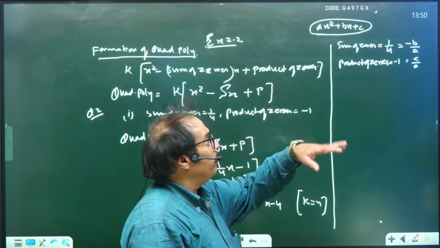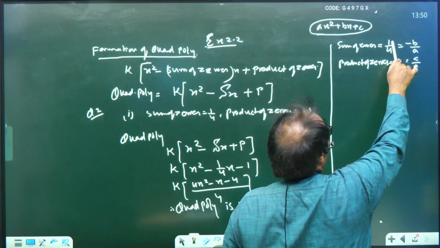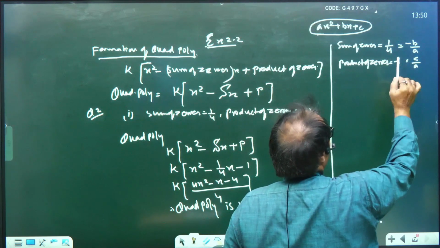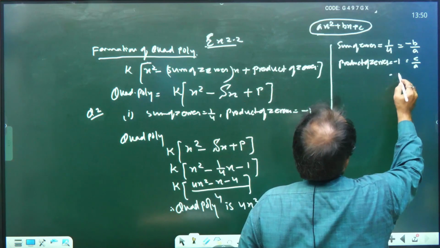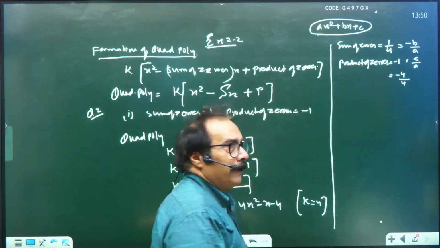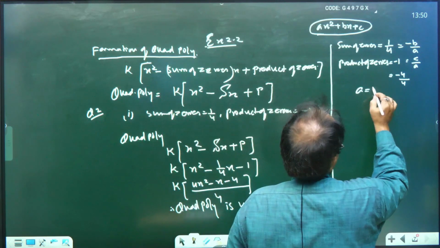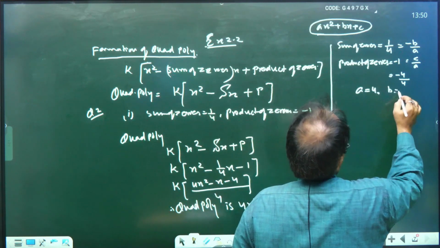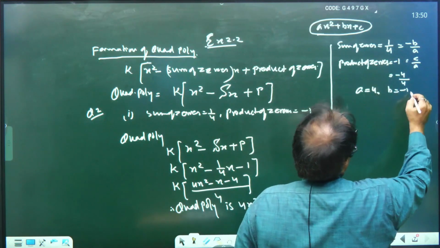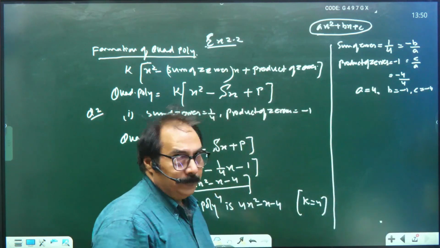So make the denominator equal. Here b is minus 1, b is 1 here, and a is 4. The denominator is 4 here, so we can write minus 1 as minus 4 by 4. So the value of a is equal to 4, the value of b is minus 1, the sign will be with the integer only, and the value of c is equal to minus 4. So we got the values of a, b, c.